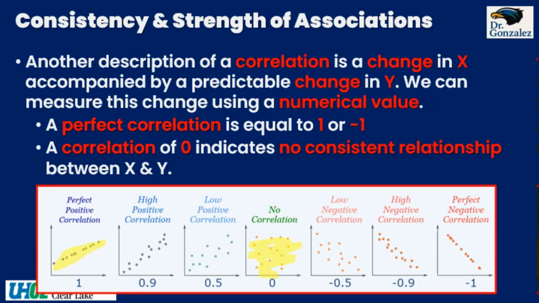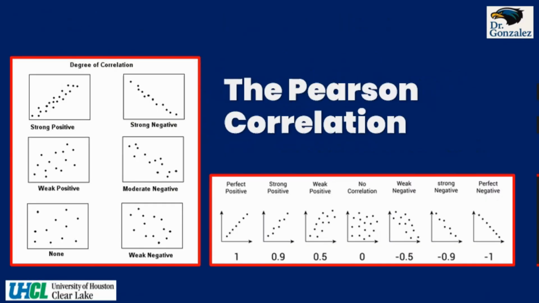So what is the statistic that we are going to use to calculate all of these lovely correlations? Well, we're going to talk about the Pearson correlation, or the Pearson R. All right, so let's begin our discussion about the Pearson correlation. I'm going to warn you, there's going to be a lot of math demonstrated in here.